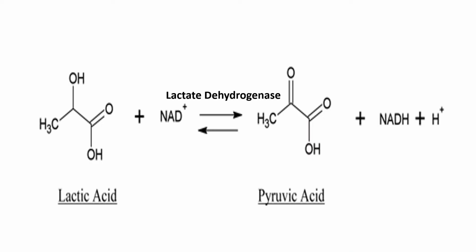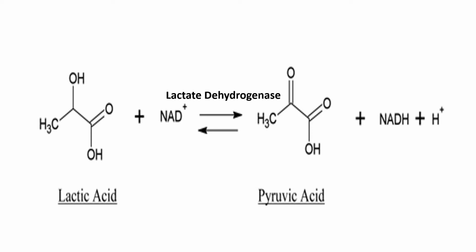Now we will discuss a few of the isoenzymes individually, and one of these isoenzymes is lactate dehydrogenase. As the name suggests, dehydrogenases are the enzymes which belong to the class of oxidoreductases, meaning they have a role in oxidation reduction reactions. Now we'll see that for this dehydrogenase, the substrate is lactate or lactic acid.